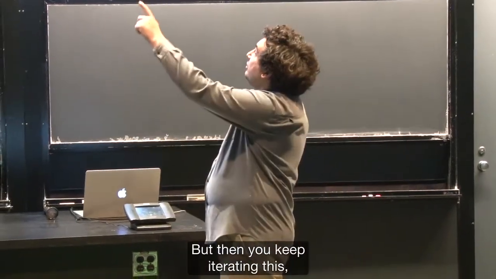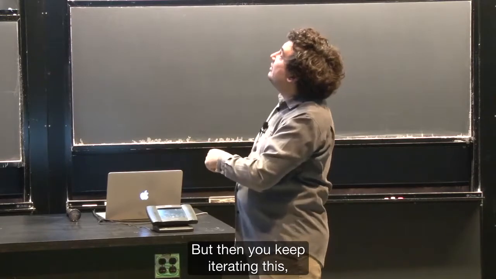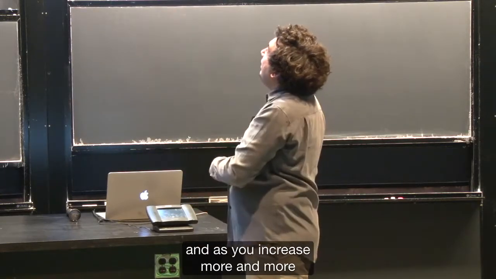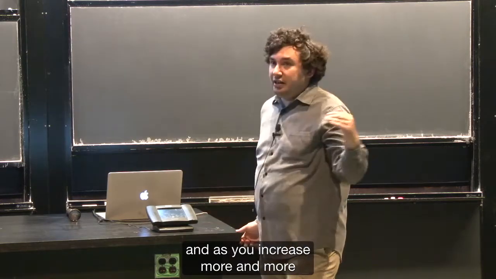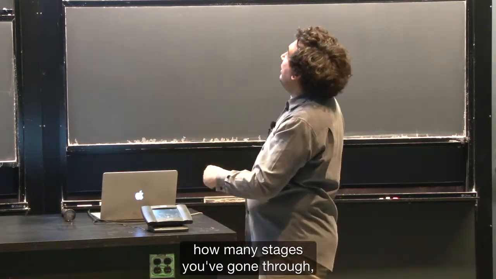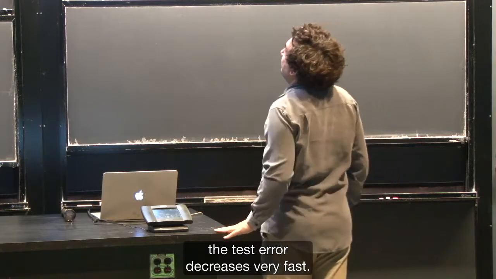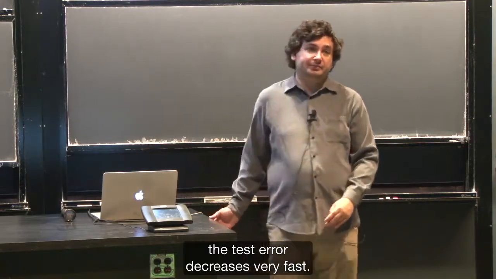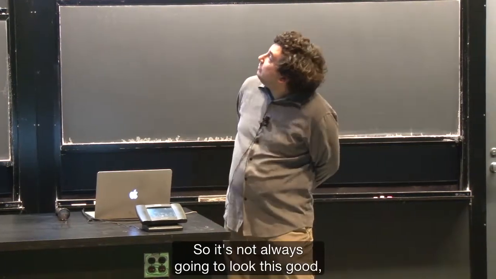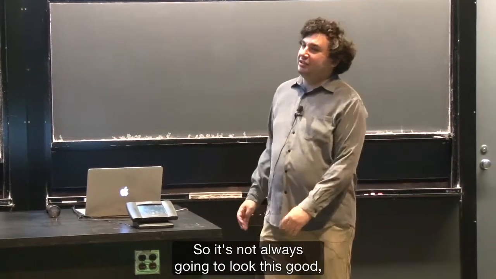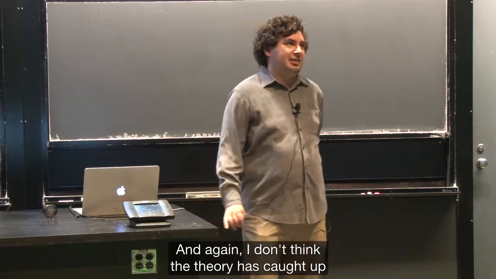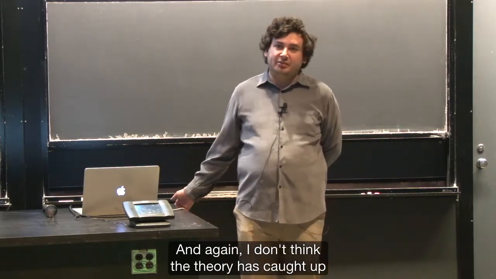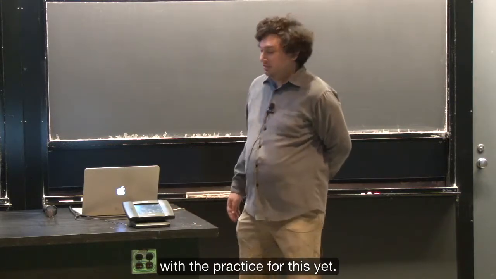But then you keep iterating, and as you increase how many stages you've gone through, the test error decreases very fast. It's not always going to look this good, but many times it works incredibly well. And again, I don't think the theory has caught up with the practice for this yet.